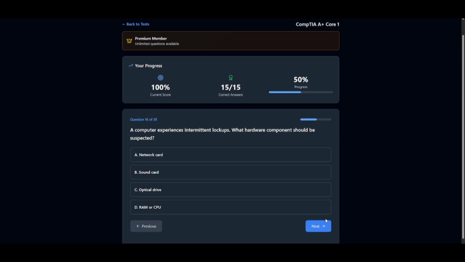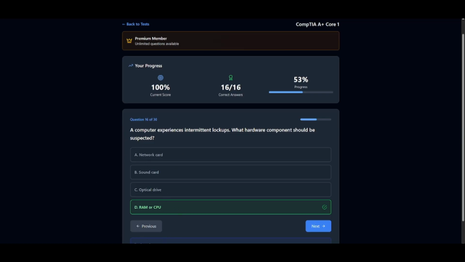Question number 16. A computer experiences intermittent lockups. What hardware component should be suspected? And the answer in this case would be D. This question was also kind of a give me. Of course, it would not be the optical drive, the sound card, or the network card.